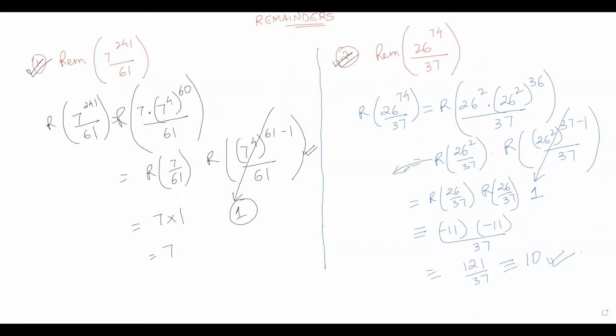Well, from here also directly we can write the remainder of 26 square upon 37. Why? Because 26 square is 676. So this would be the same as the remainder of 676 upon 37, which would be 10. So you can see how easily we can find the remainders by using Fermat's little theorem.